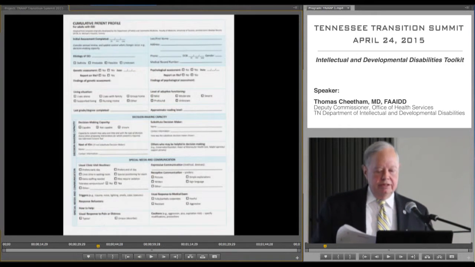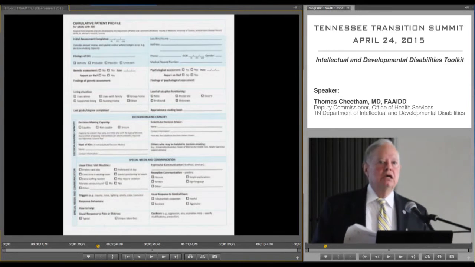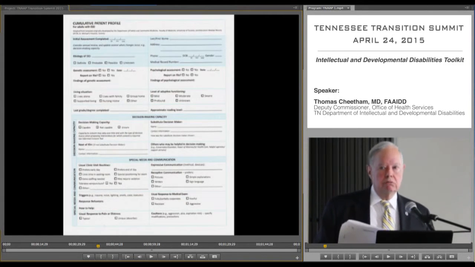So after that, what other things do I want to know? And they're laid out here. I want to know about the etiology of the person's disability. Unfortunately, if someone's not trained, knowing somebody has Fragile X may not imply very much to me, or knowing that somebody has Down syndrome.